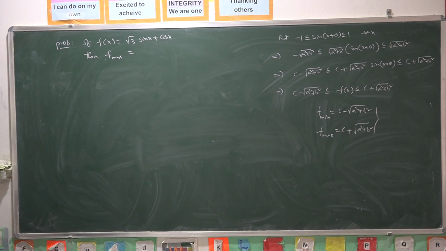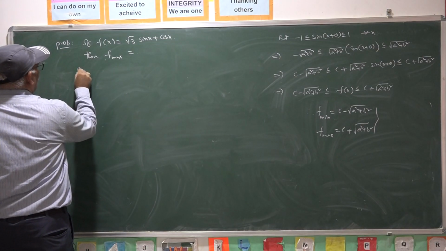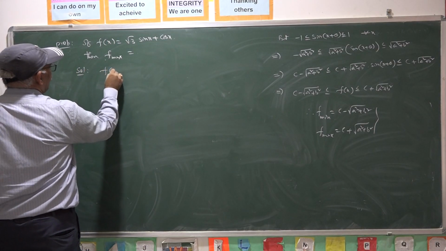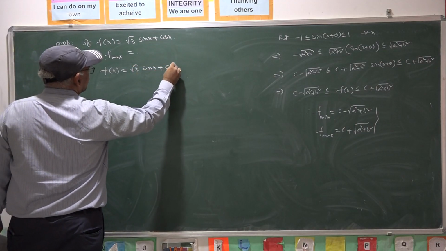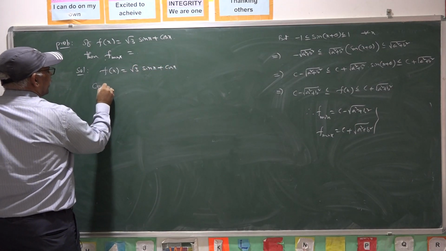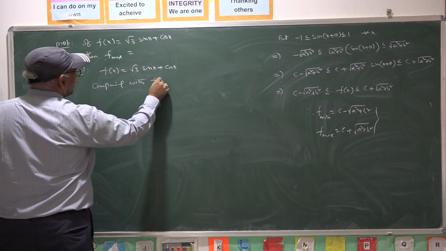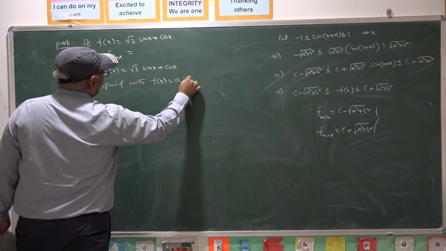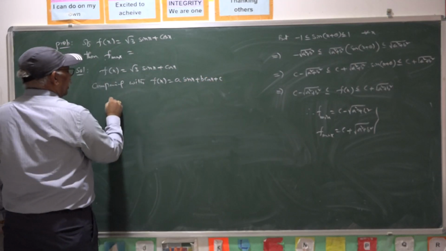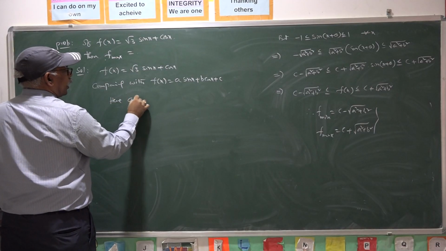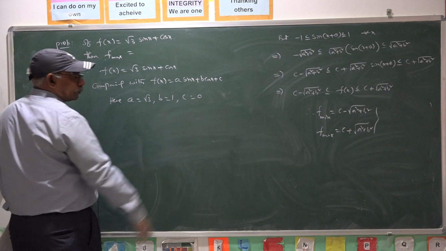Given f of x equal to root 3 sin x plus cos x, comparing with f of x equal to a sin x plus b cos x plus c. Here we have a equal to root 3, b equal to 1, c is 0 clearly.